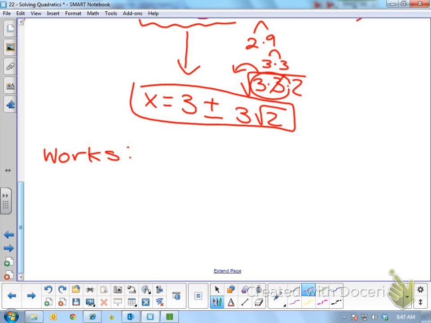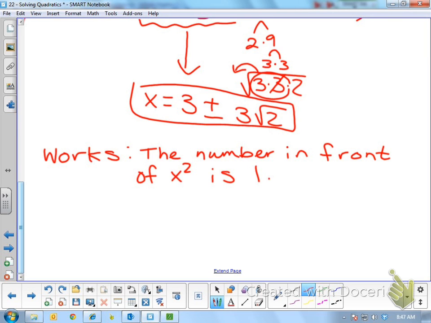The number in front of x squared is a 1. Oh, and I should not have put my period there because the x term is even. All right.